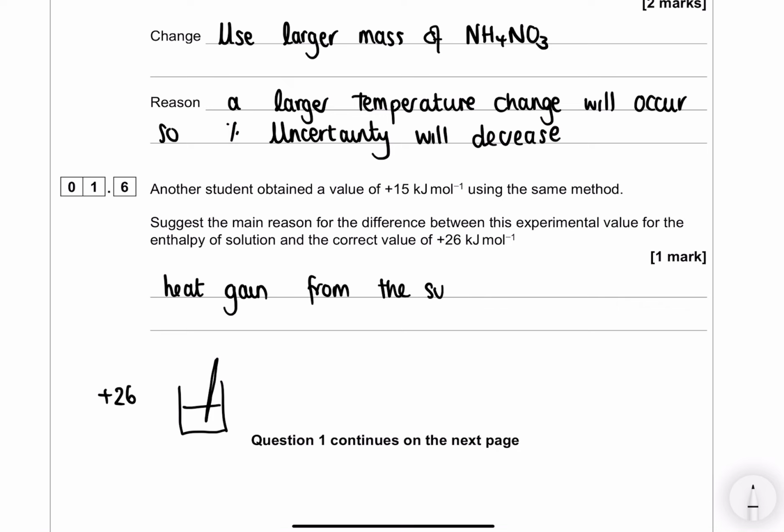So instead of taking it from the chemicals, it was taking it from the surroundings. Or if you think about this experiment, there's a really good chance that not all your solid dissolved, and therefore you didn't get as large a temperature change as you should have done. There's a really good chance that would happen.